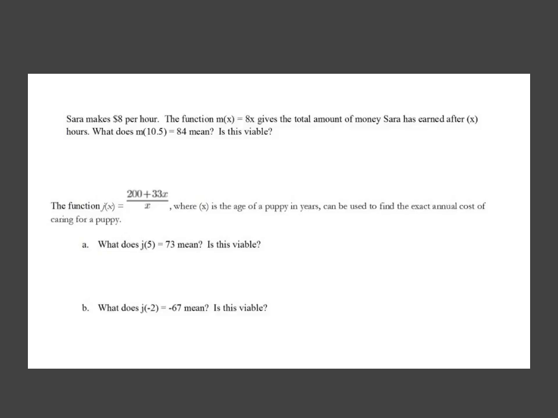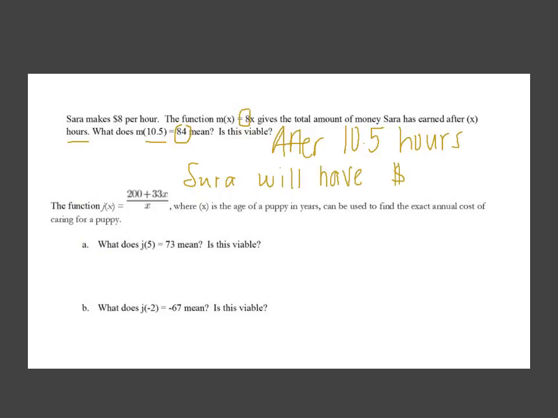Okay, so we know the important information that 10.5 stands for hours. So what they're doing is they are taking 8 times 10.5 and they end up getting 84. So all you have to do to explain this is, after 10.5 hours, Sarah will have $84.